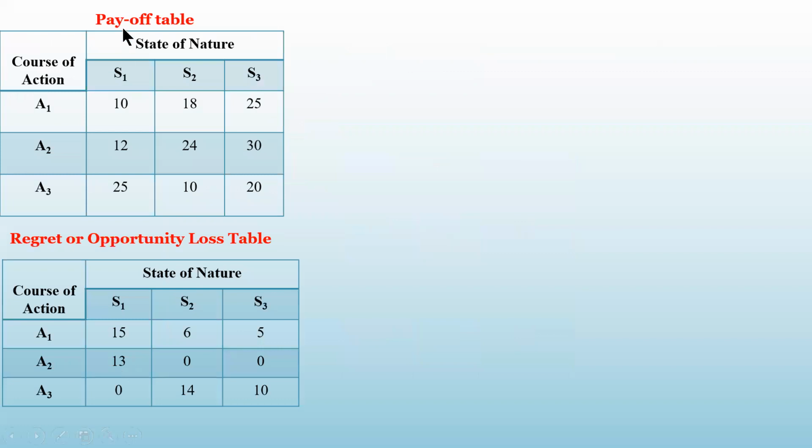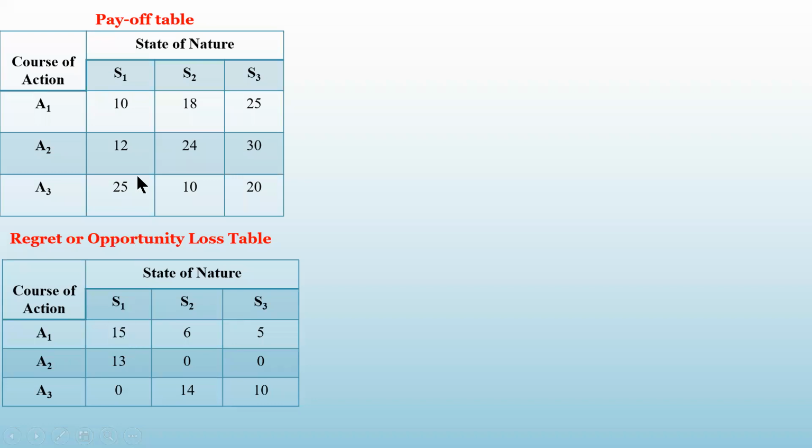How am I going to do? These figures are all profit figures. इसमें फर्स्ट कॉलम में देखो कहां पर मैक्सिमम एंट्री है 25. यानी ये बेस्ट ऑफ कोर्स ऑफ एक्शन फॉर दिस स्टेट ऑफ नेचर इज A3. अगर मैंने A3 को नहीं सेलेक्ट किया तो आई एम गेटिंग ए लॉस. कितना लॉस मिल रहा है मुझे, 25 माइनस 10. तो हर एक इसमें हमें मैक्सिमम फिगर देखना है और उससे सब्ट्रैक्ट करना है. तो 25 minus 10 कितना हो गया 15.